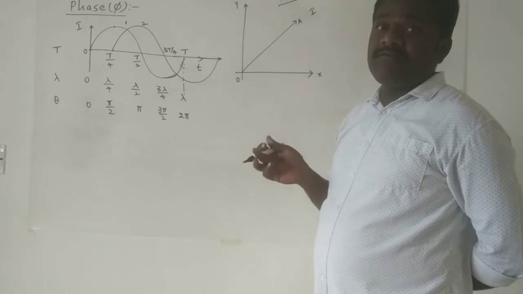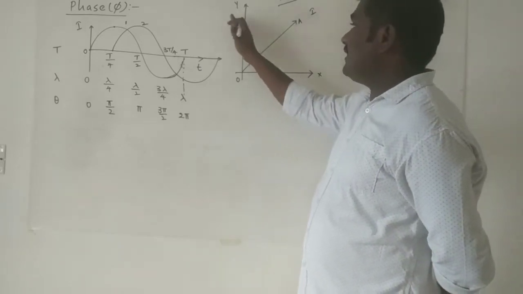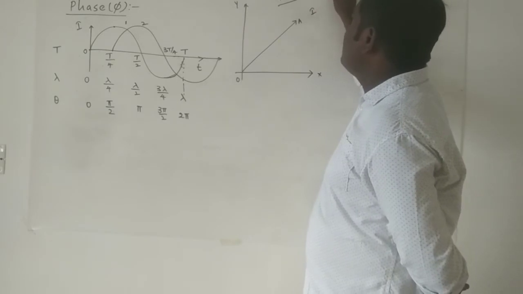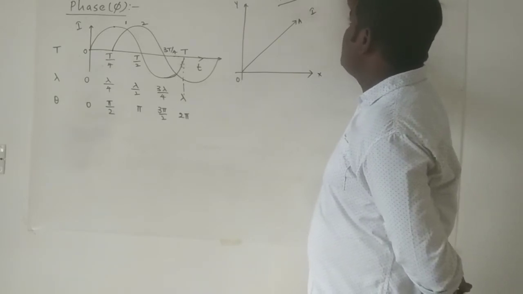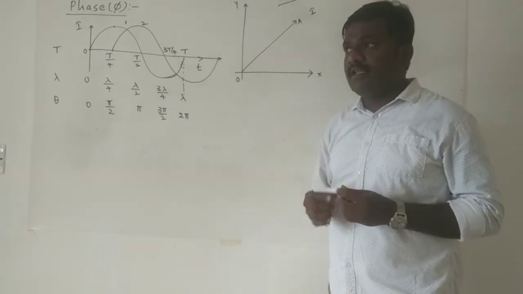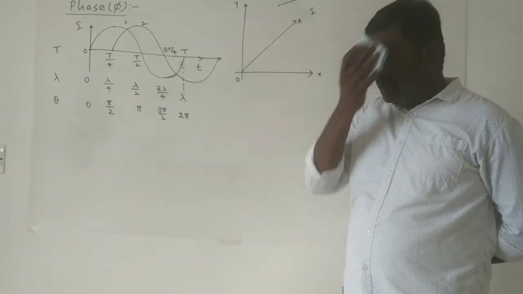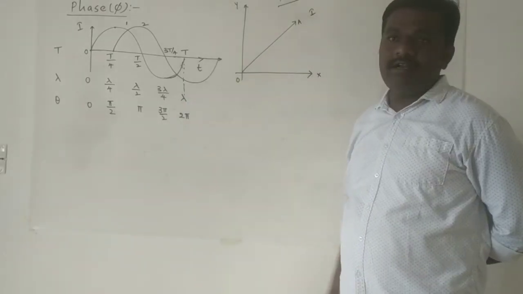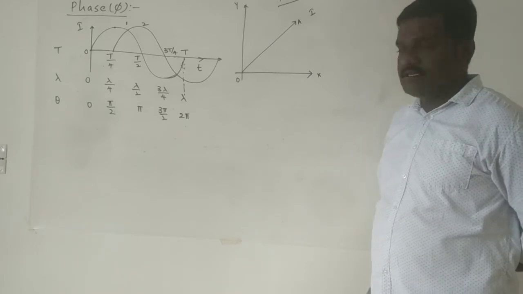Now, such phasors, if represented in a two-dimensional coordinate system, that is called a phasor diagram. So this is most important in AC currents. The reason is that here you will establish the relation between current and voltage in terms of a sinusoidal diagram and in terms of a phasor diagram.